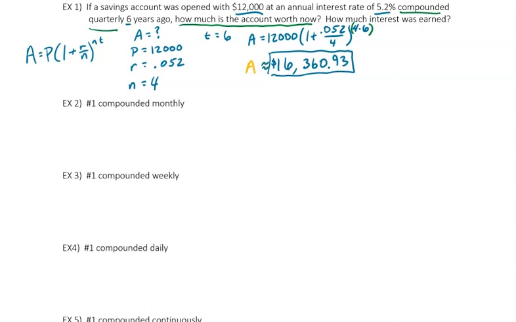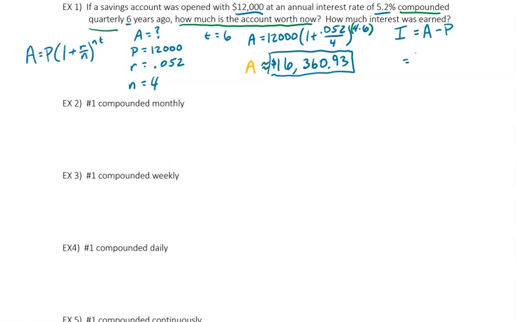Okay, for the second part of the question though, how much interest was earned? Well, we know how much was at the end. We know how much was at the beginning. So the amount of interest earned is just going to be your ending amount minus however much you put in at the beginning.